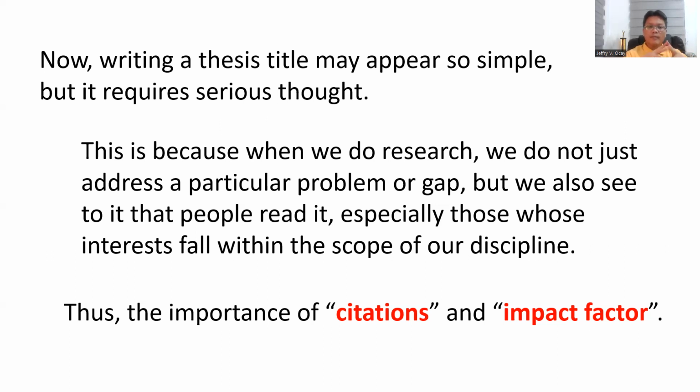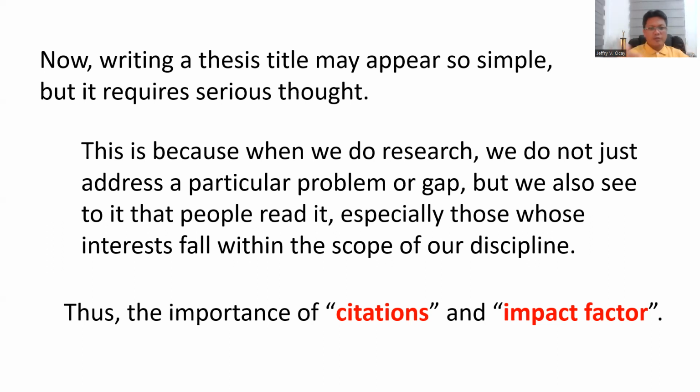Okay. And just to preempt the discussion on the working title, the title is the point of contact between us authors or researchers and the readers. Of course, when we formulate our title, we also aim that it should become easily available to scholars searching on the internet.